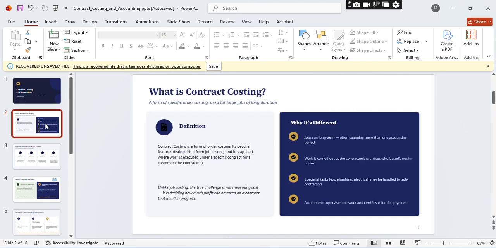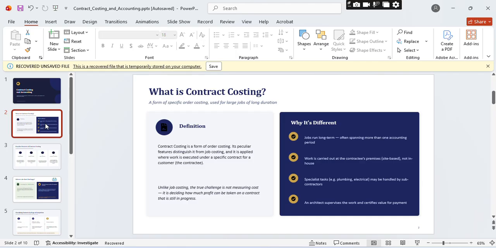But contract costing is long-term based, and profit determination differs from job costing. That's why we say that unlike job costing, the true challenge is not measuring cost, it is deciding how much profit can be taken on a contract that is still in progress.